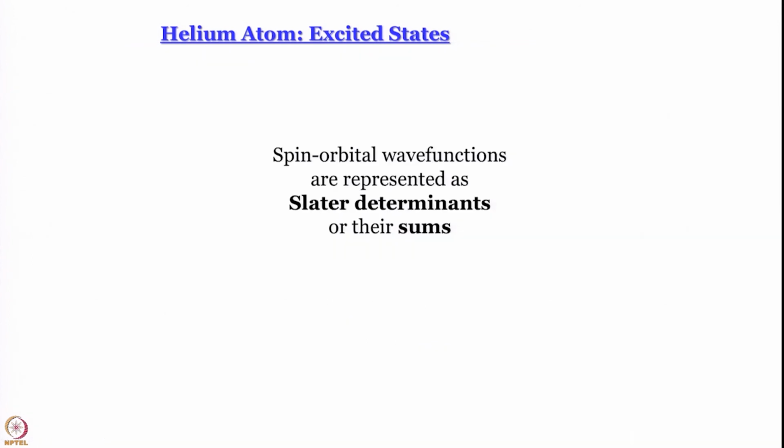So, what we have managed to learn is that we can write spin orbital wave functions of multi-electron atoms as Slater determinants, or rather, it is better to say linear combinations, and this is an extremely useful way of writing wave functions. It is also the starting point of more sophisticated treatments of multi-electron systems.